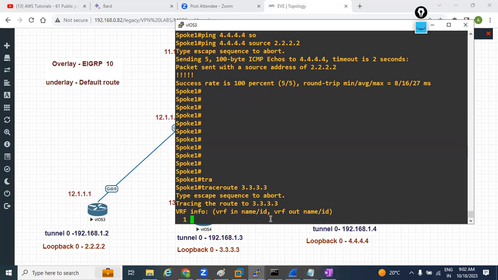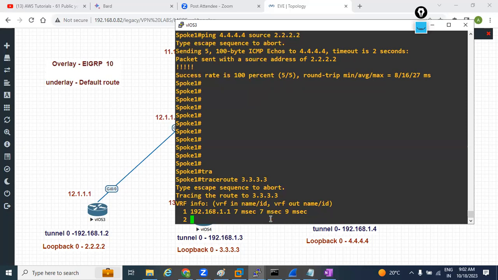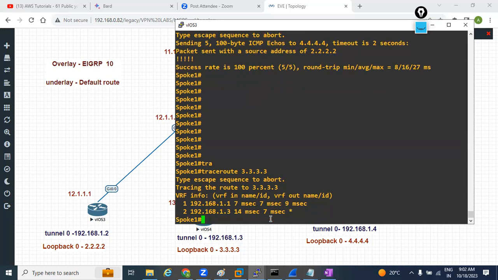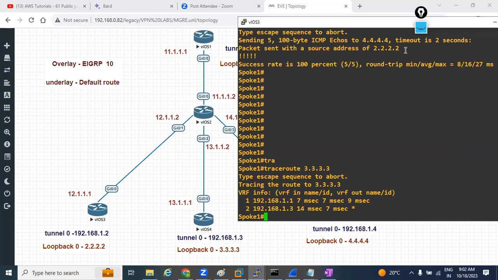Correct, it would show you the hop count, or in simple language, it would show the path, how it's reaching the destination. Could you tell me? Just first look at the screen and check it very carefully. It goes to the hub and then from the hub to the spoke.